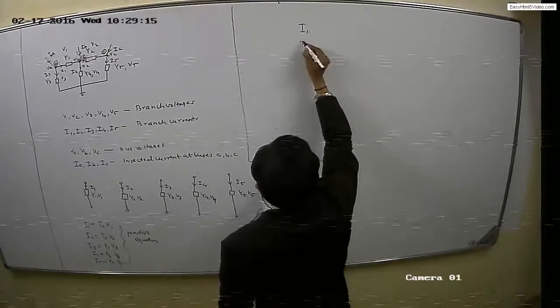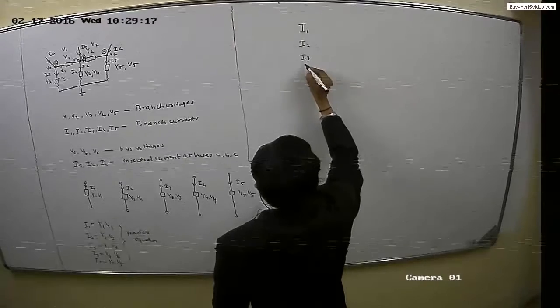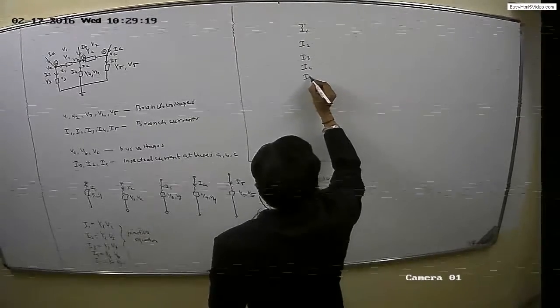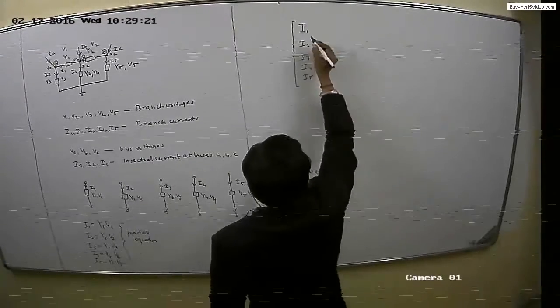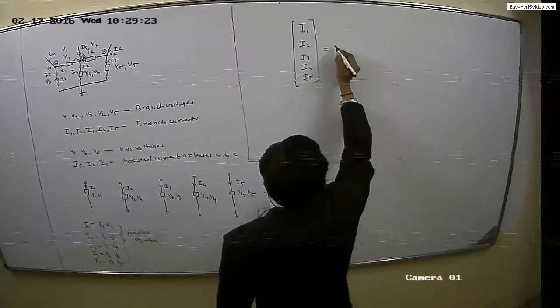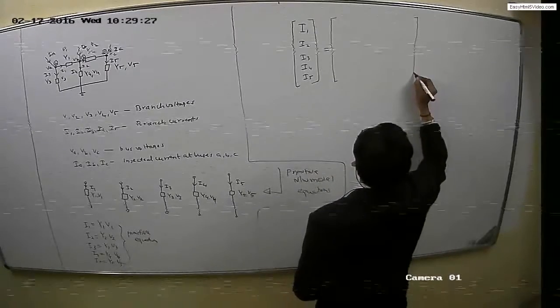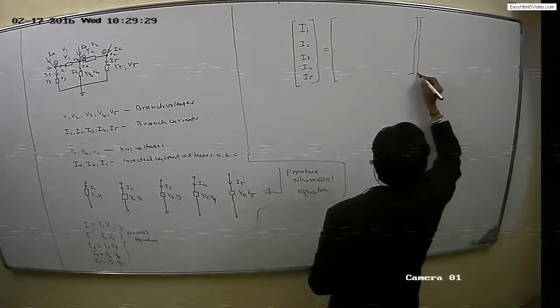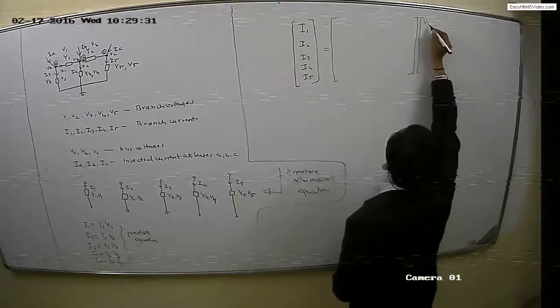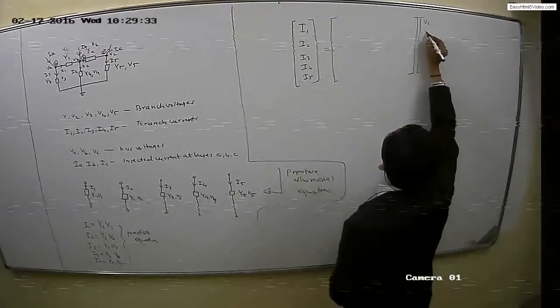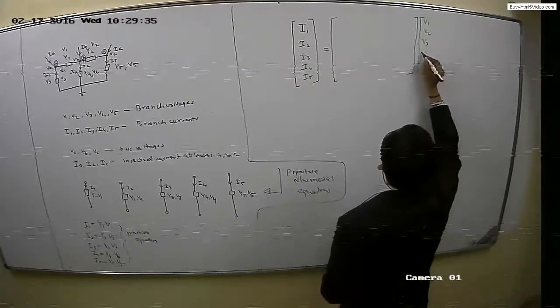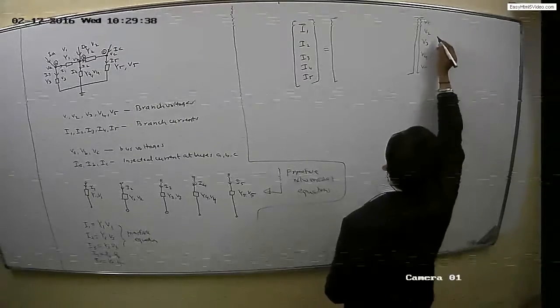So I1, I2, I3, I4 and I5, this is nothing but the branch current vector, is equal to some matrix multiplied with the branch voltage vector, that is V1, V2, V3, V4 and V5.